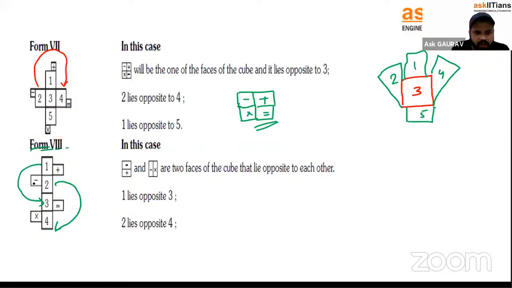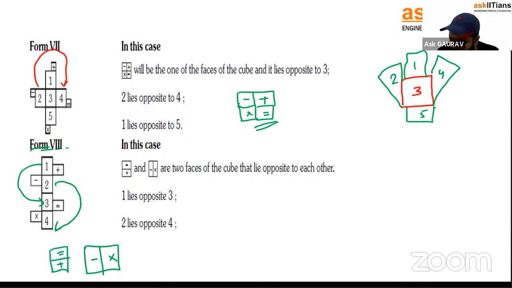Right? If you just make a box, now it will be a minus and plus. They will form like minus and multiply here, and is equal to and plus here. You have to imagine a little for this. Is that clear?